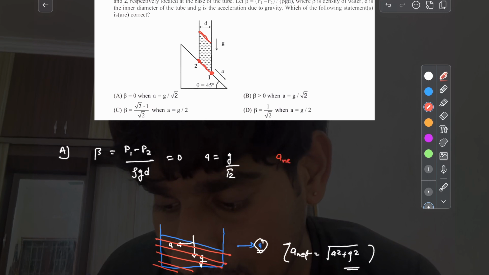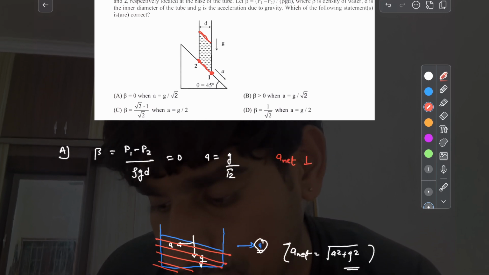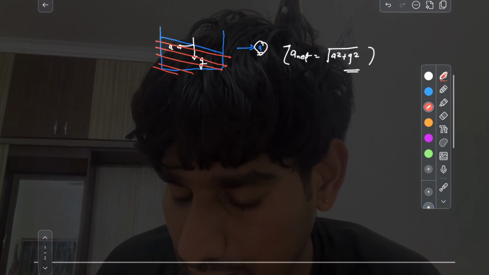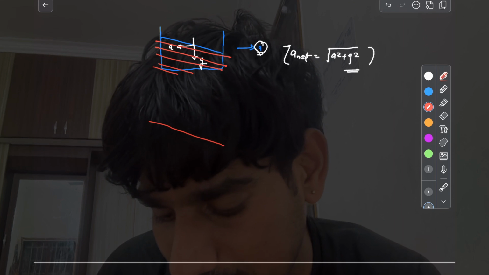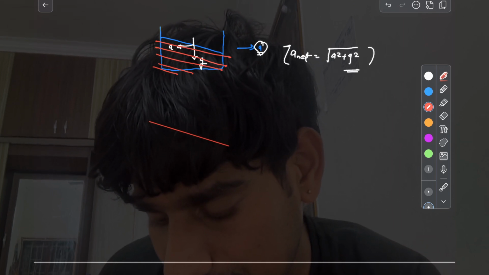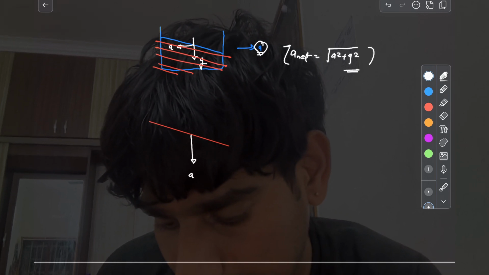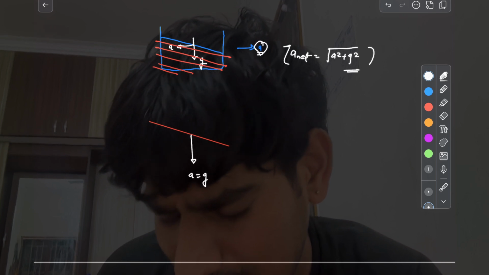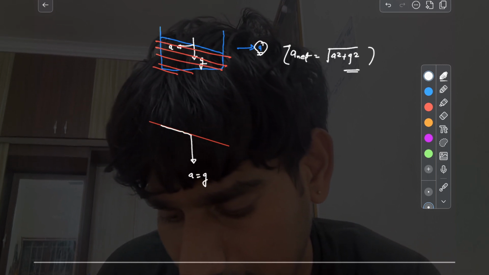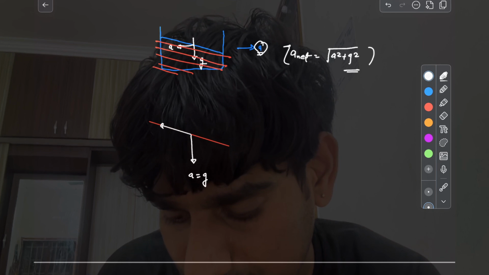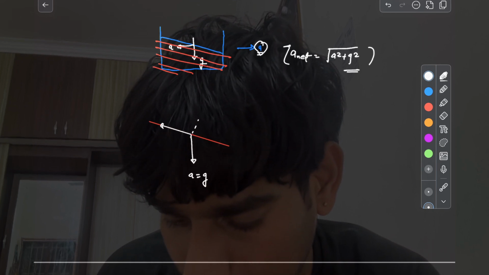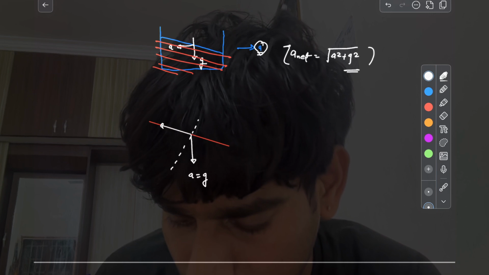It means I can say that the net acceleration must be perpendicular to this inclined plane in this situation. So we have this inclined plane like this, and there is gravity g acting in the downward direction, and then there is an acceleration a acting. Now a is not perpendicular to g, it is at some angle, and this is the perpendicular to the inclined plane.